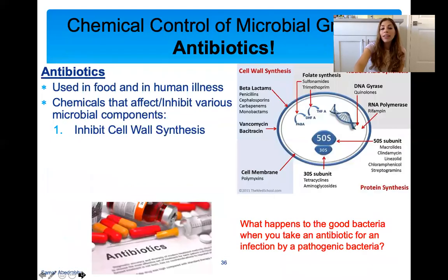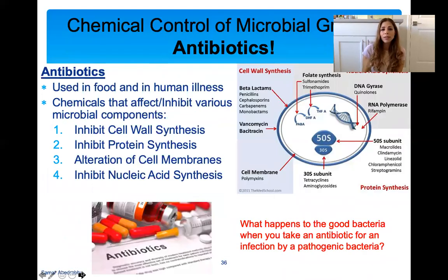Okay, and then another very important thing we use to control microbial growth is antibiotics. We're going to learn all about antibiotics later, but antibiotics are used in food and in human illnesses, and we use them in food production to not get microbes to grow.